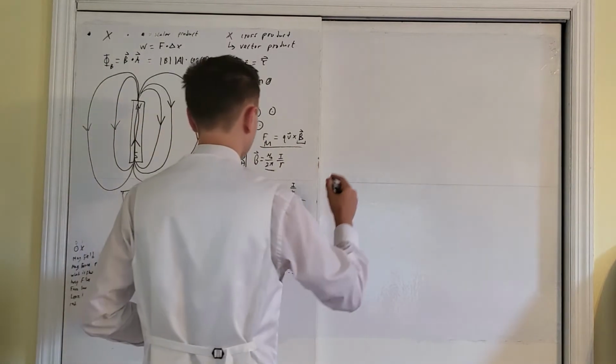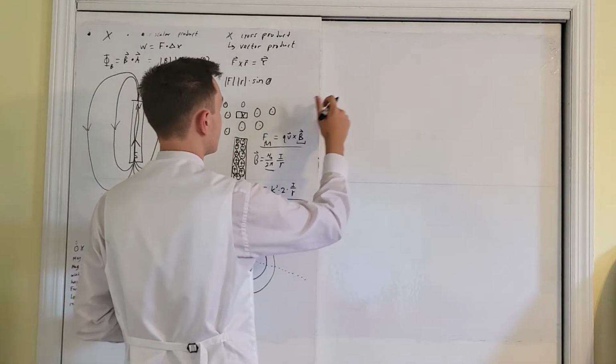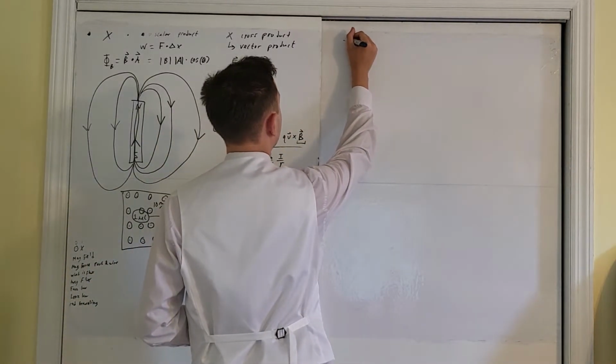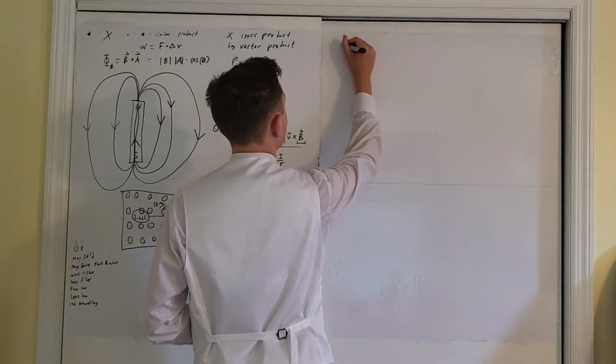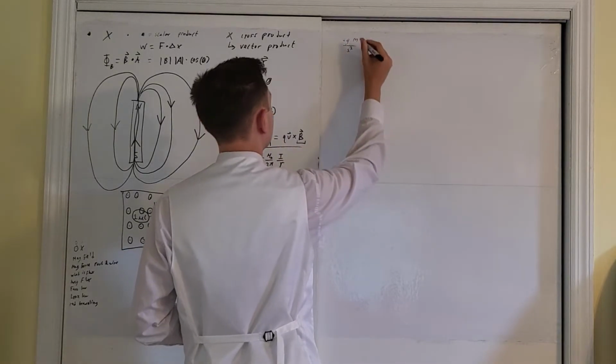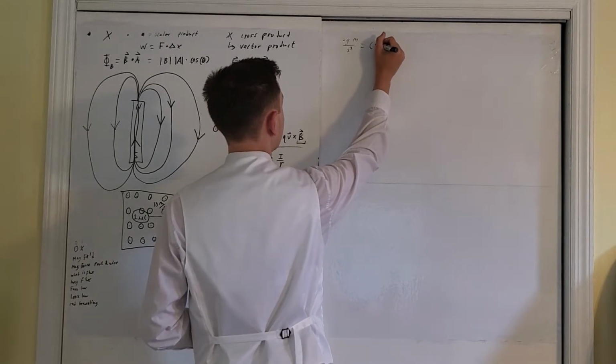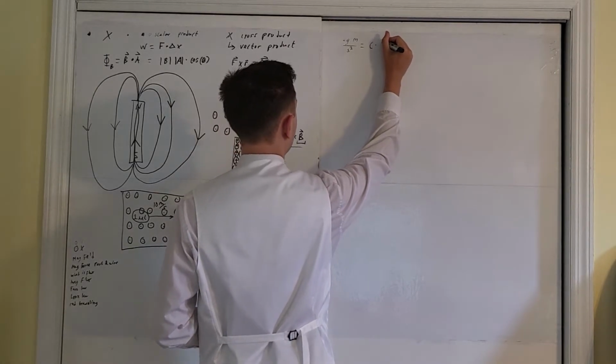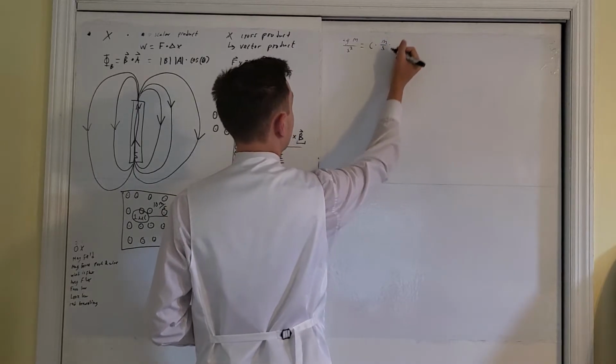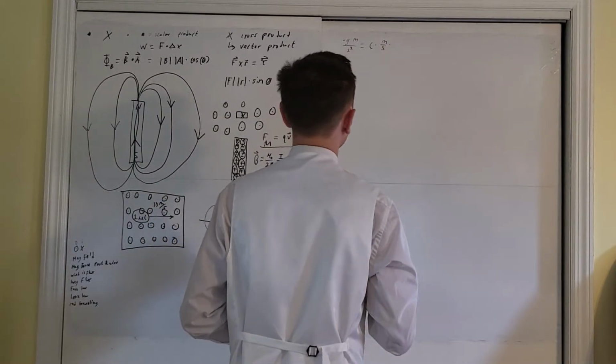Force is a unit of newtons, and the units are kilogram meters per second squared, equals charge, Q, which is units of coulombs, times units of velocity, meters per second, times units of the B field, okay?